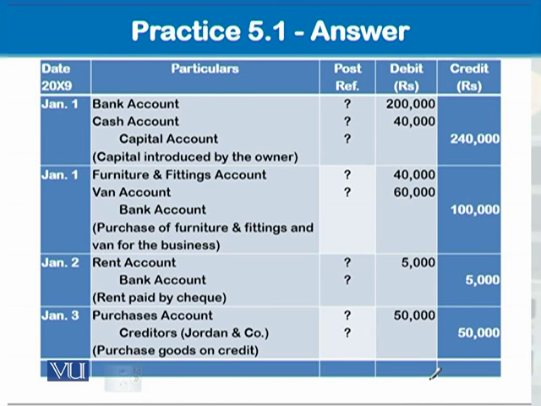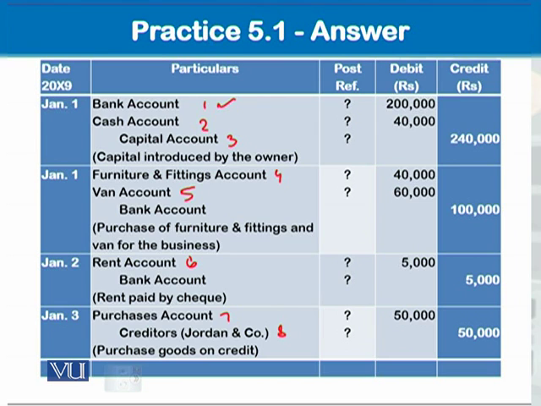Here we have bank account, cash account, capital account, furniture account, van account. Bank we have already taken, so don't count bank once again. Rent account, bank is repeating. Purchases account, creditor Jordan account.